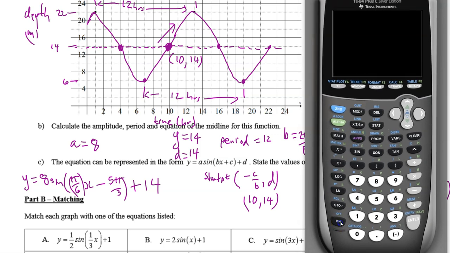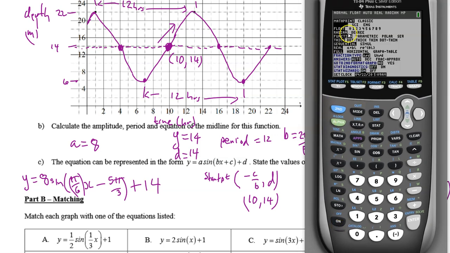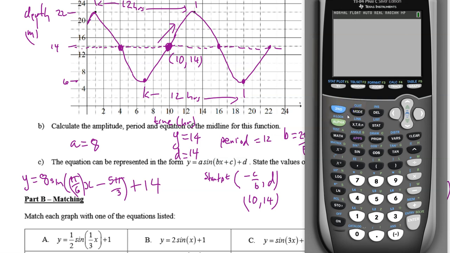Turn it on. We do want radian mode. We'll go to y equals, and I'm going to put in the equation: 8 sine, bracket. What I'm putting in would work on any calculator.